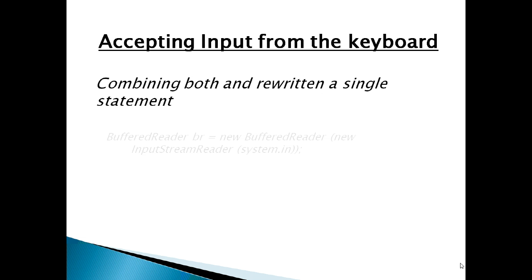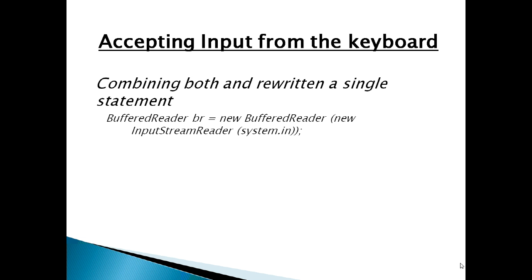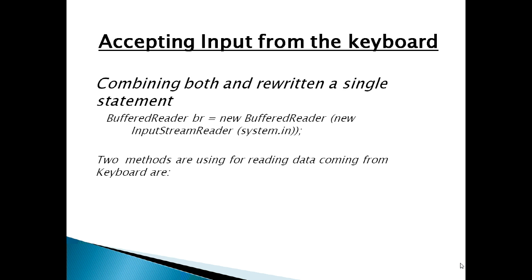Now we can combine both and rewrite as a single statement: BufferedReader br = new BufferedReader(new InputStreamReader(System.in)). Now we can read the data coming from keyboard using read and readLine methods, which are available in BufferedReader class. So this is all about accepting input from the keyboard.